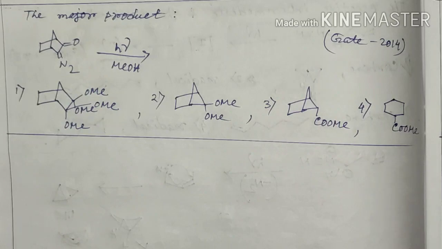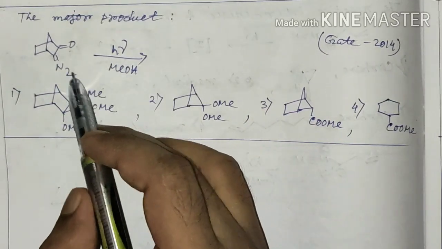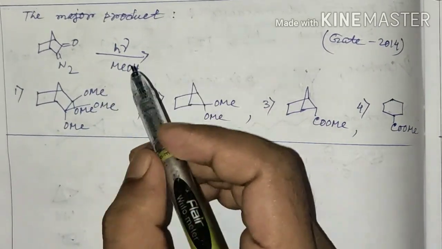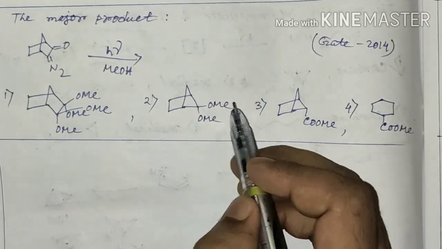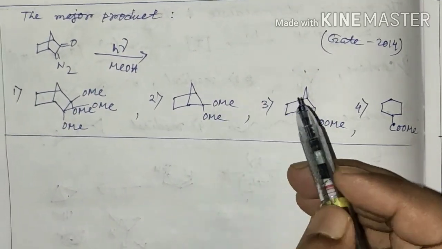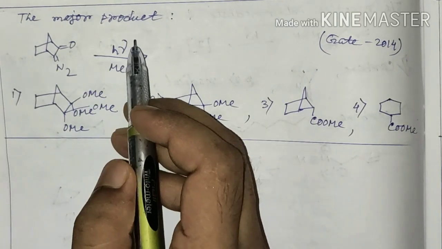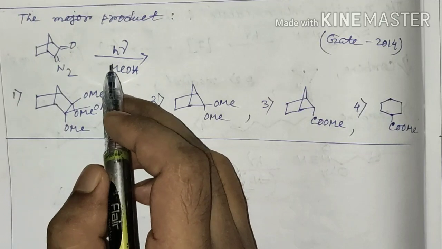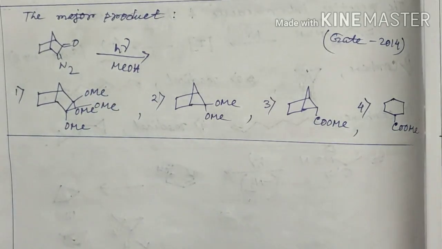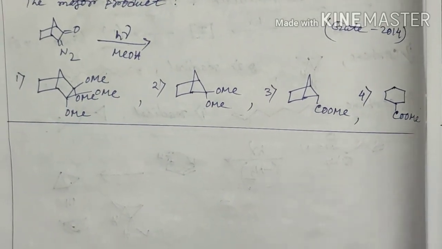This question came in GATE 2012, and the question is not exactly like this. There was given 13C NMR data for the different carbon atoms of the product and it was asked to identify the major product. Here I have just given the reaction and we will try to identify the final product.